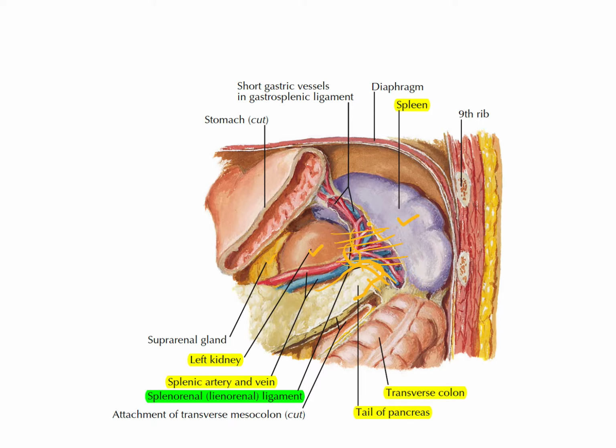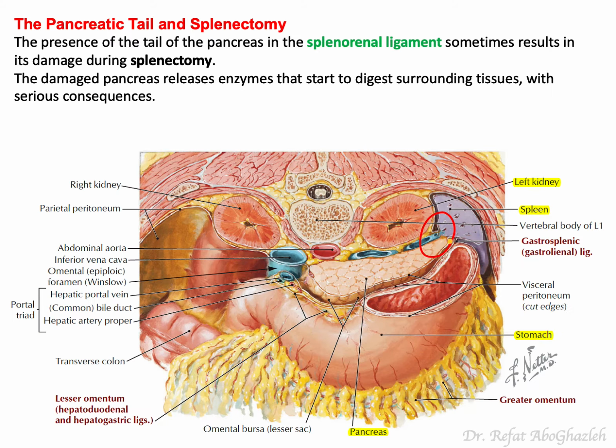It connects the spleen, of course, to the kidney. So the location of the tail in this ligament and close to the hilum of the spleen makes it risky when the patient has a splenectomy. When they remove the spleen, this puts the tail of pancreas at risk for injury.